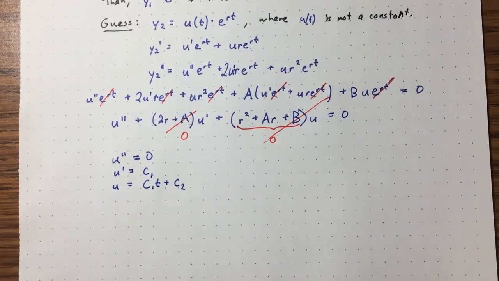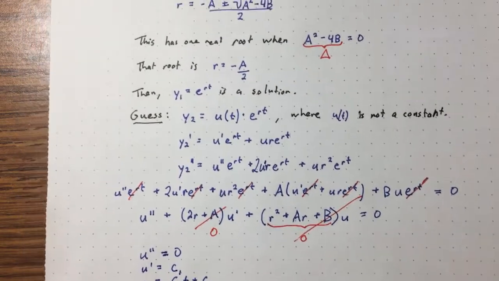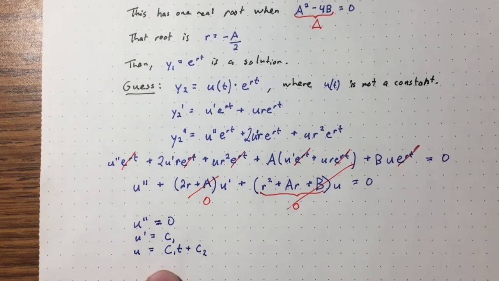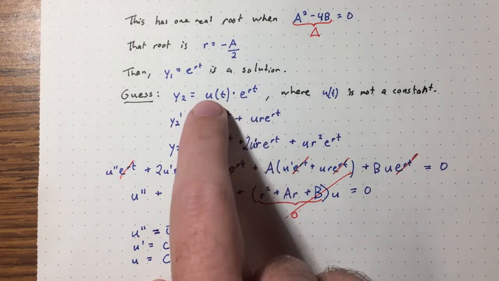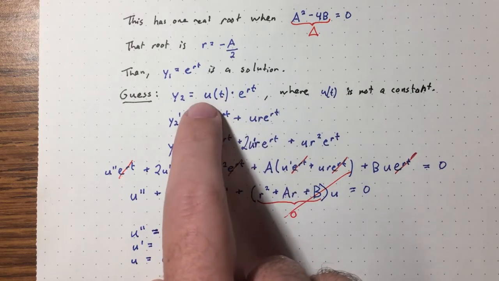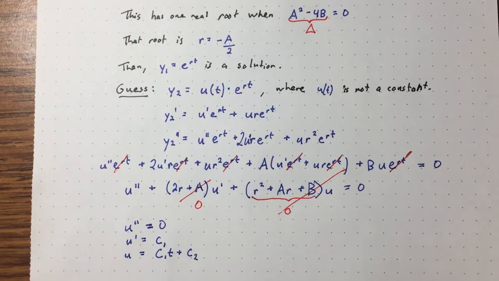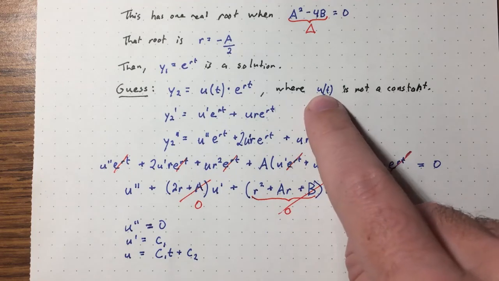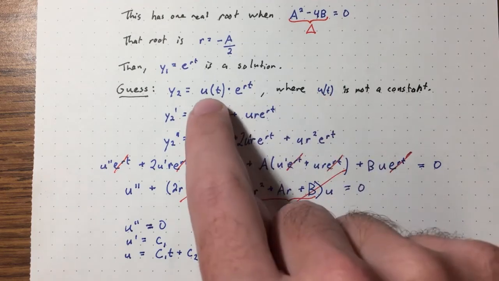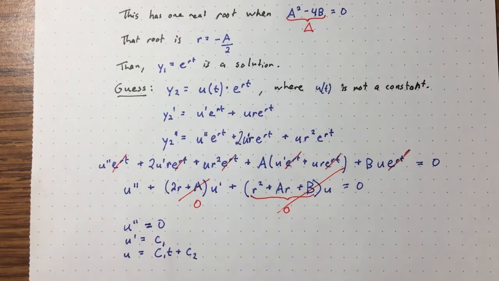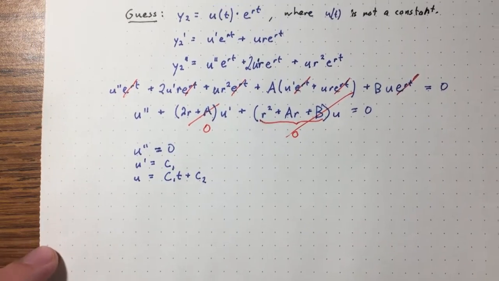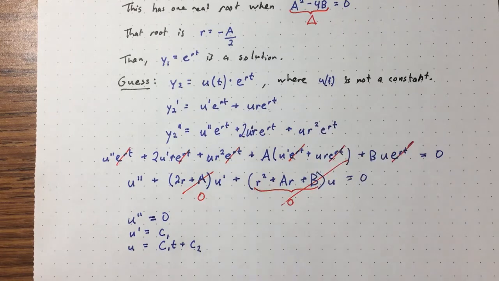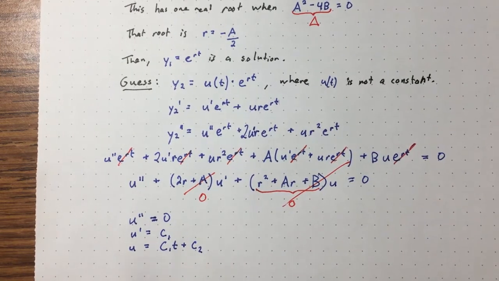Okay. Very cool. So we have u is this linear function here. Let's recall what we were trying to do. We were trying to find u of t so that we get a second solution here, but with the added stipulation that u of t is not a constant. So remember, all we need is one u of t. This actually gives us a lot of u of t's. We can choose c1 and c2. We just need to be careful to choose c1 and c2 so that we don't just get a constant.